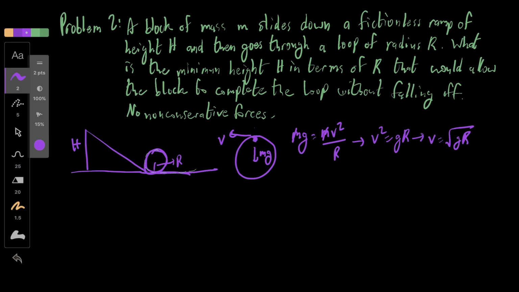So, now that we have the square root of gr as our minimum speed, we can use conservation of energy.